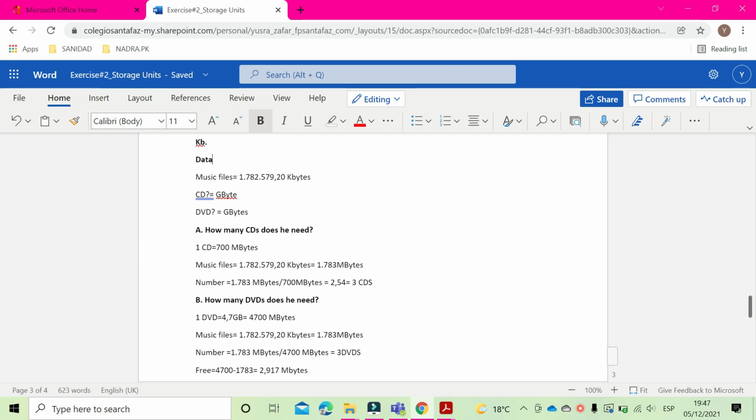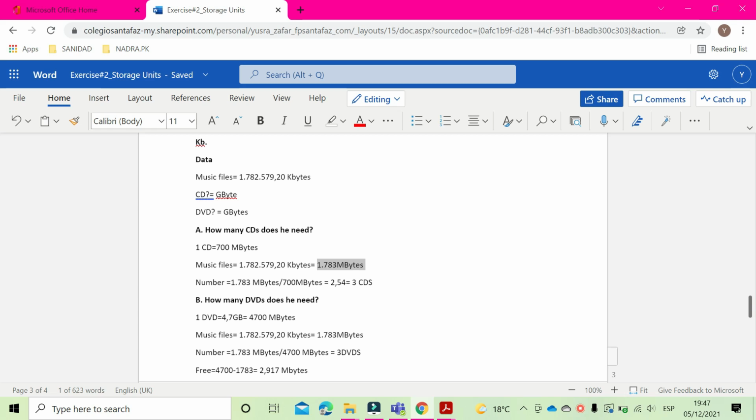One CD is equal to 700 megabytes, and this is the unit of KB for the music file, and we are going to convert it into megabytes, which is 1783 megabytes. And for the number of CDs, we will need 3 CDs.